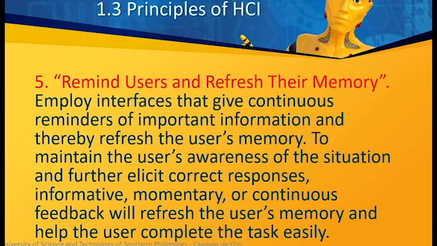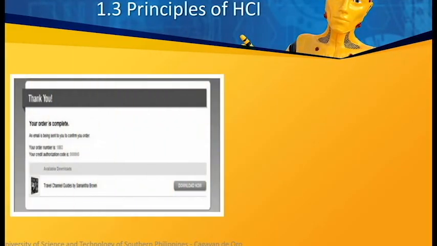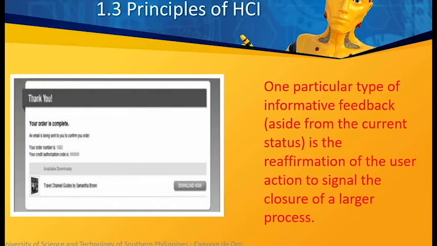So to maintain the user's awareness of the situation and further elicit correct responses, informative, momentary, or continuous feedback will refresh the user's memory and help the user complete the task easily. So for example, one particular type of informative feedback here is the reaffirmation of the user action to signal the closure of a larger process.